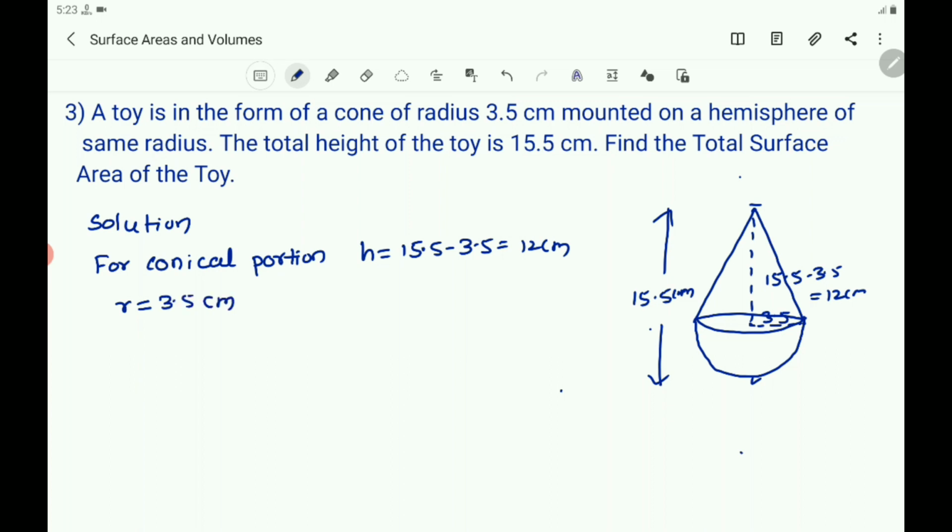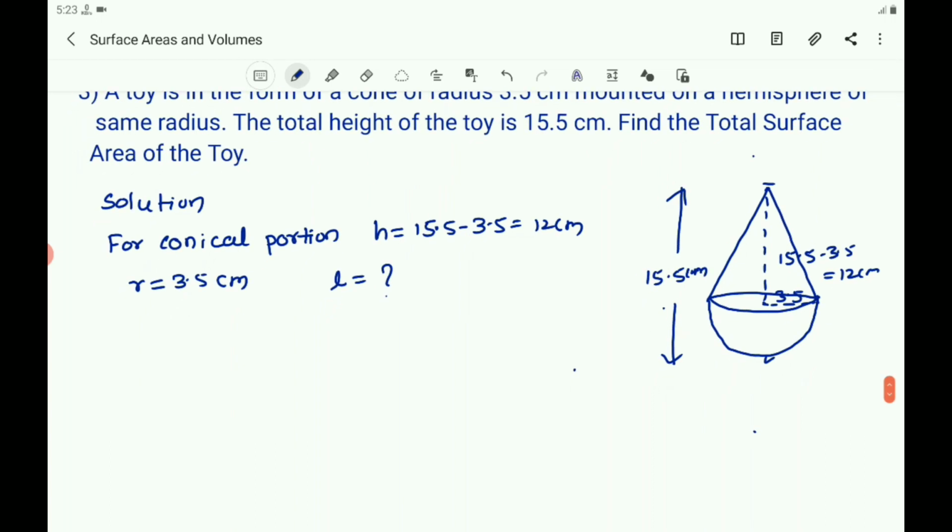To find the curved surface area of the cone, slant height L is required, so you find L. After that find the CSA of the cone. L equals square root of h square plus r square. If height and radius of the cone are given, then by using this formula you will get the slant height.